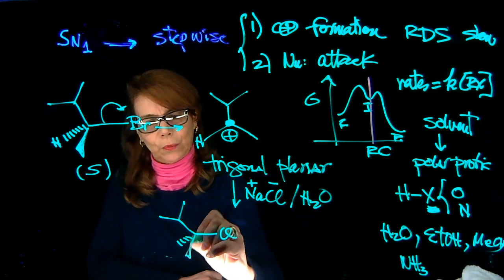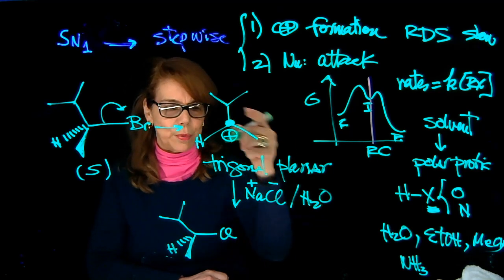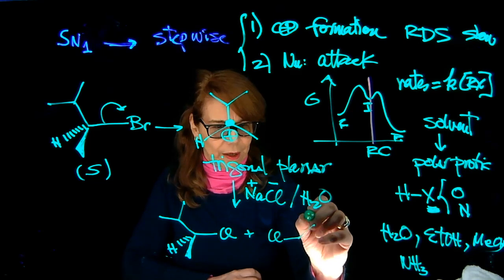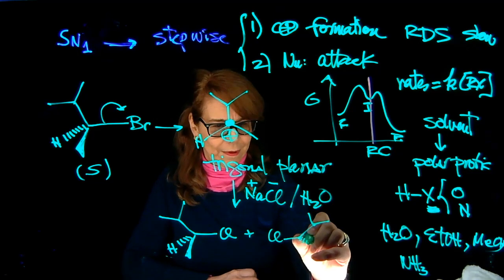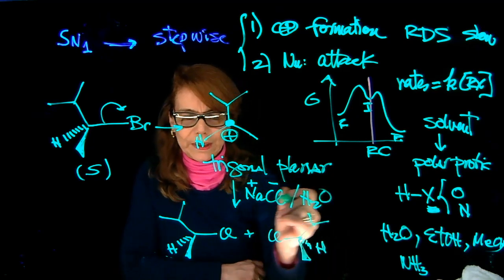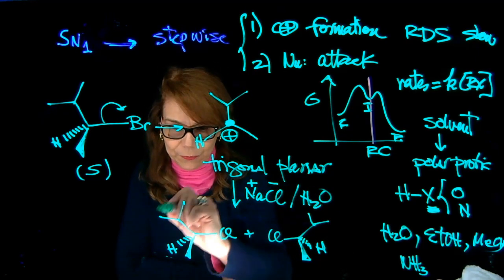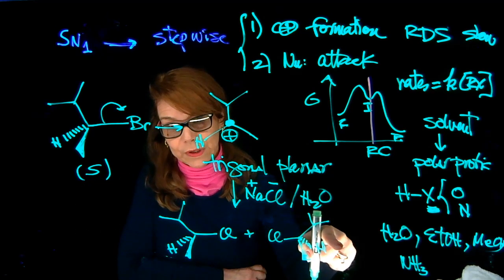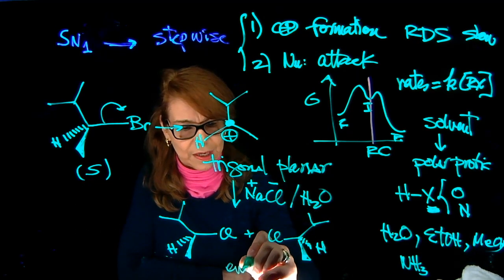But because the attack can happen from either side of the plane, I'm going to have also the enantiomer. This product will have the same configuration as that. This will have the inverted. So these two are enantiomers.